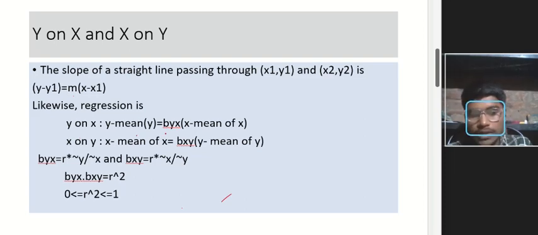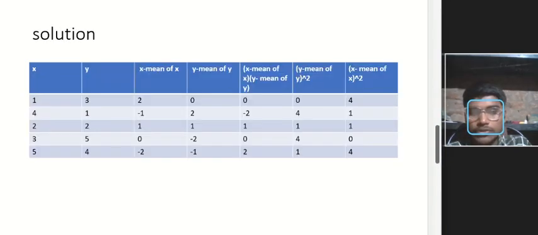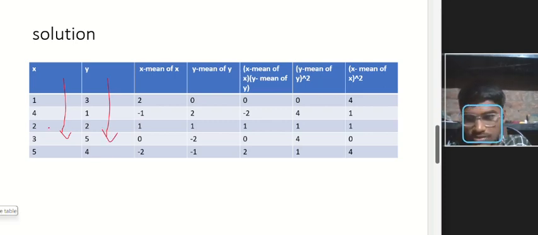So we have to find the mean of y and mean of x, and additionally the values of byx and bxy. We have some other formulas for these byx and bxy.